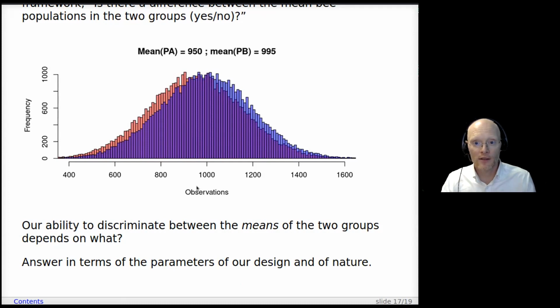Here's a plot, back to our two groups project design. What is it that affects, and how does it affect, our ability to discriminate between the means of the two groups? Take a minute and write down an answer. Complete answer, right? All of the things that affect this.